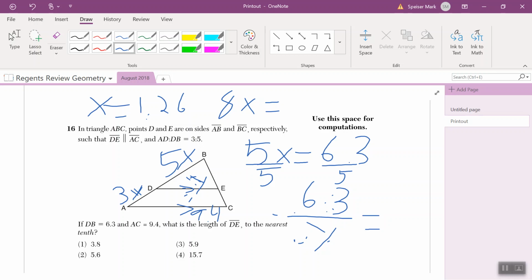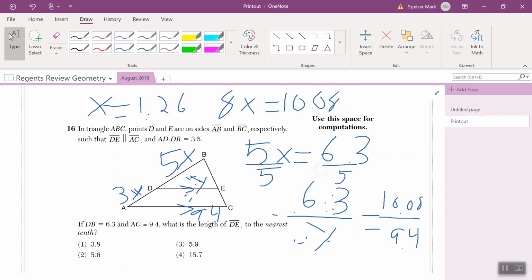1.26 times 8 is 10.08. So it's 10.08 divided by the length of AC, which is 9.4. Cross multiply. 9.4 times 6.3.